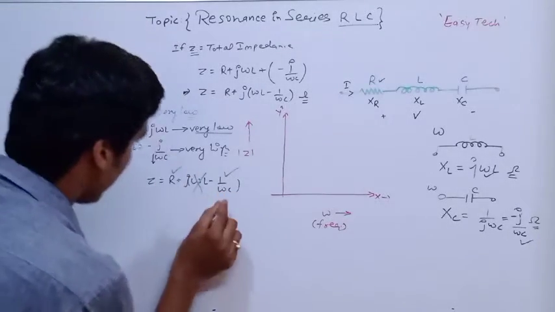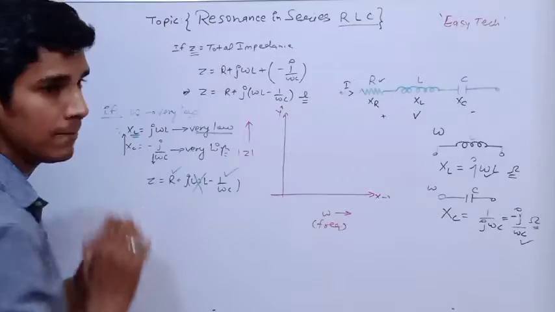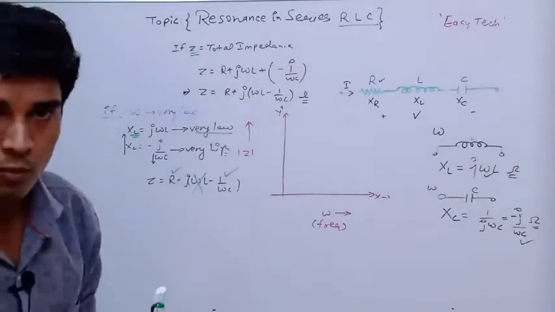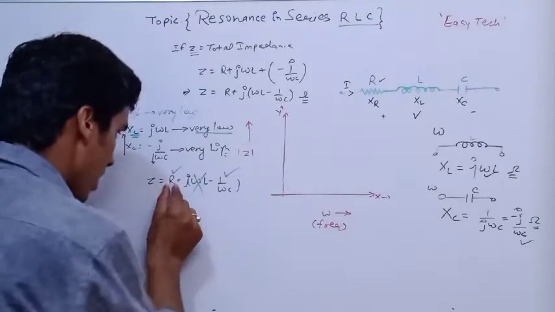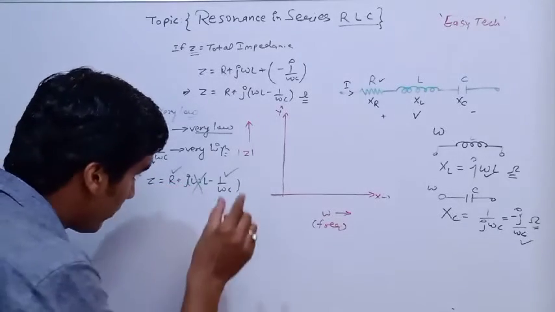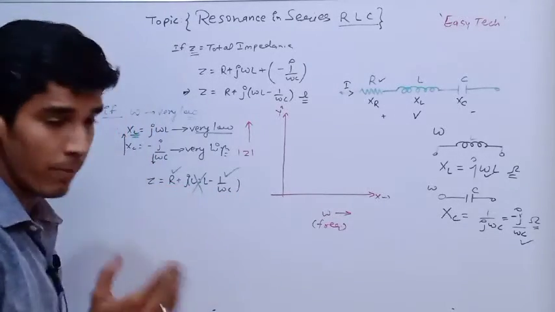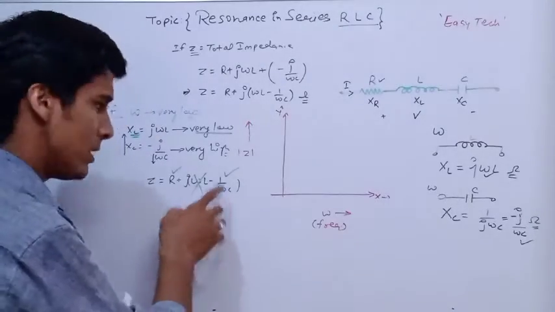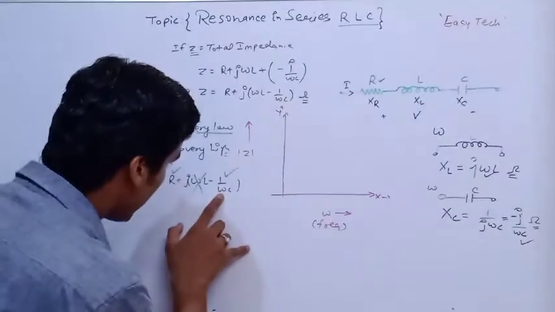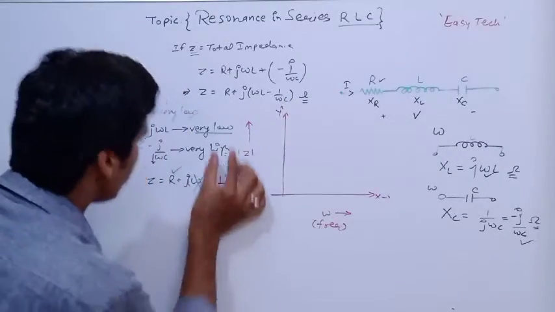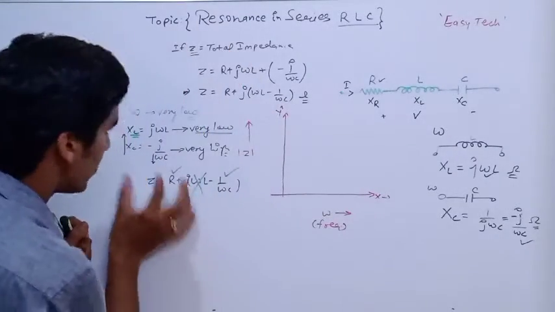Okay, and if omega is very low, the value of impedance will be very high, because you can fix the value of R, but you cannot fix the value of 1 upon omega C. It depends on the value of omega. C value you can make constant in the circuit, it is given in the circuit, but if omega value is very low, that means this value will be very high, so total impedance will be very high.